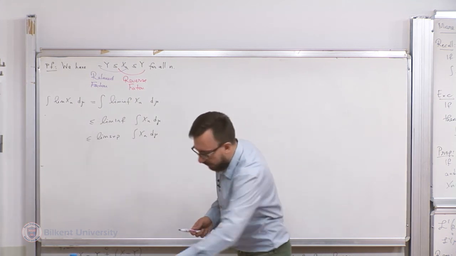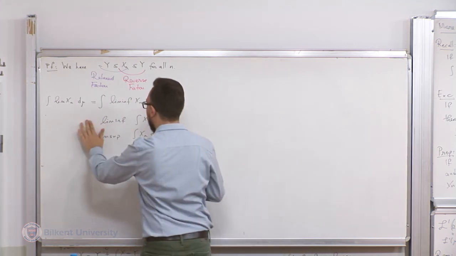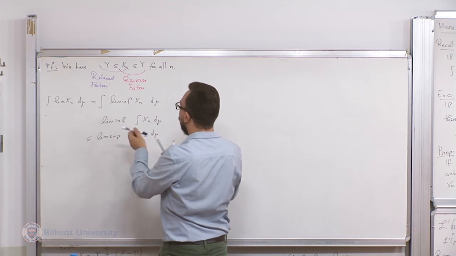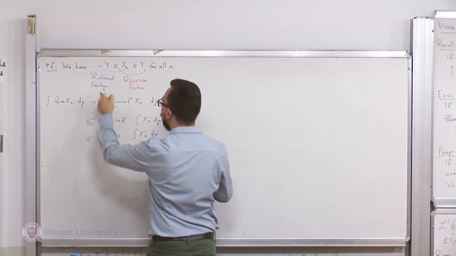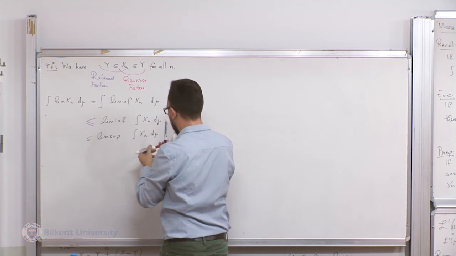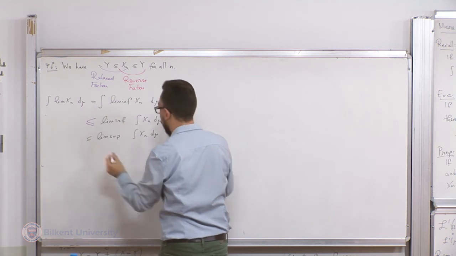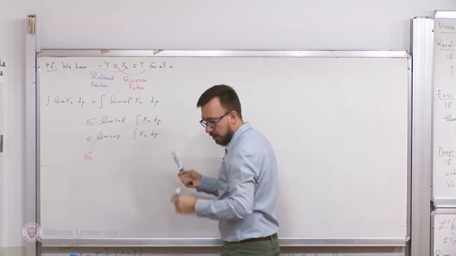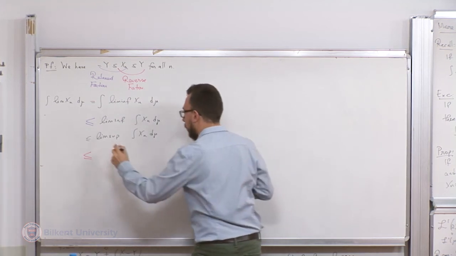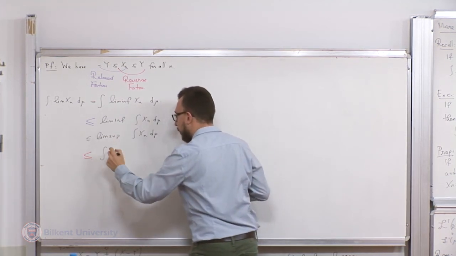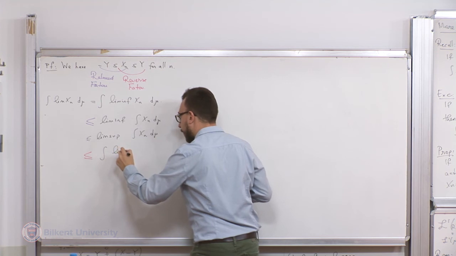Okay, maybe I should have used those colors properly. So this is where we used relaxed Fatou, and now we use reverse Fatou, which says this is less than the integral of lim_sup.